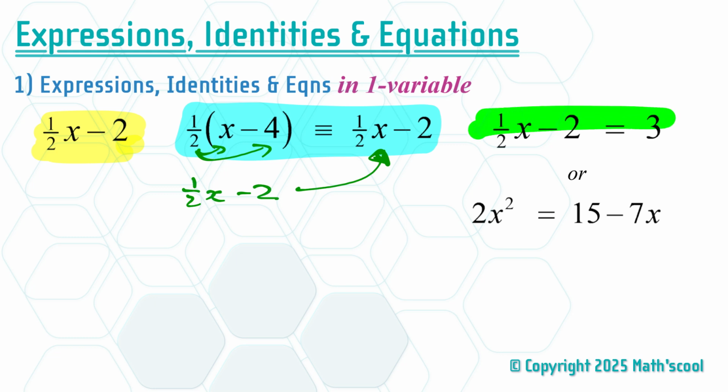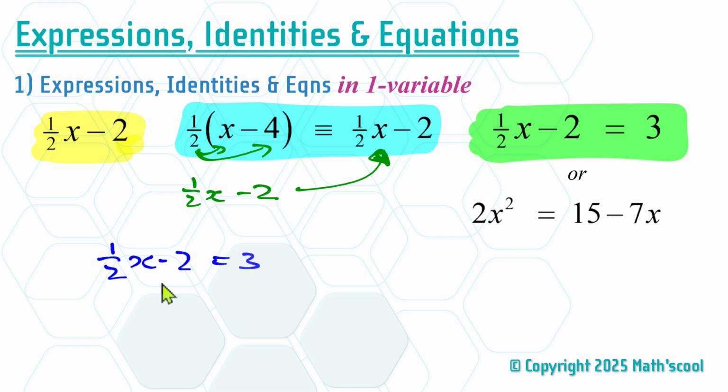This here is an equation. And this is a linear equation, and we know how to solve linear equations because we've done them already a little bit. So if we have a half x minus 2 equals 3, we could solve that. We could think about a flow diagram, x times a half minus 2. So add 2 to both sides to reverse the minus 2. And so it gives you a half x equals 5.